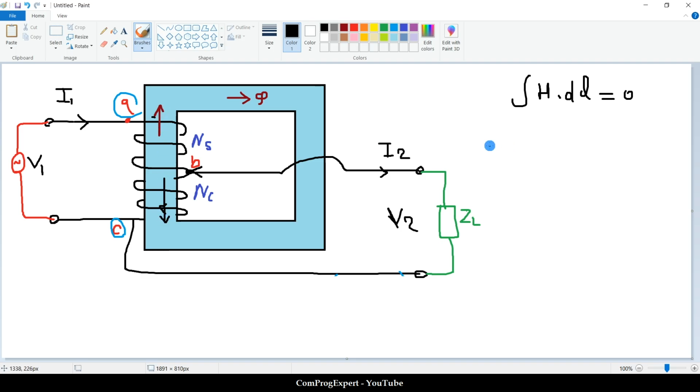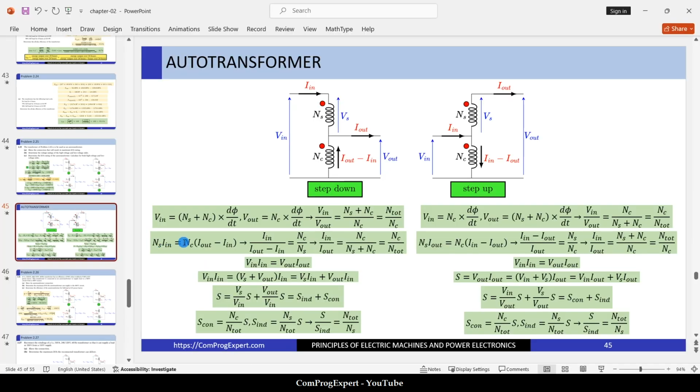So if you are going to have magnetomotive force balance, we should have this equation. So yes, I in divided by I out minus I in is this one. And if you add the numerator to the denominator, we will have this equation: I in divided by I out is equal to N common divided by N total, similar to a single phase transformer.